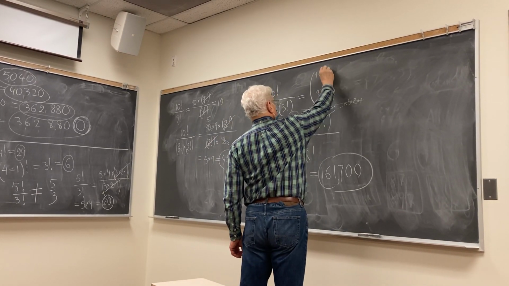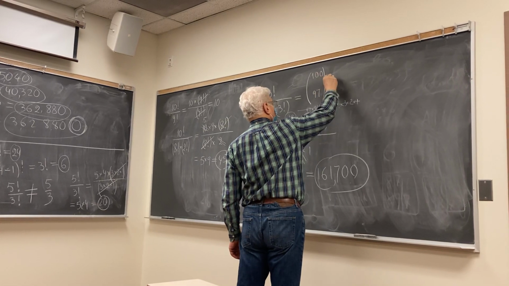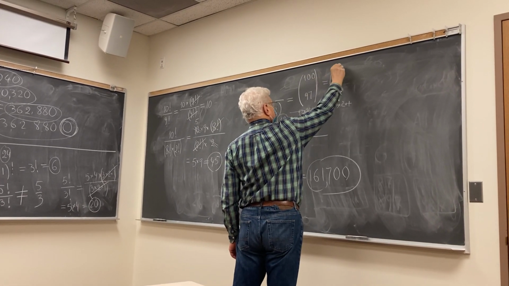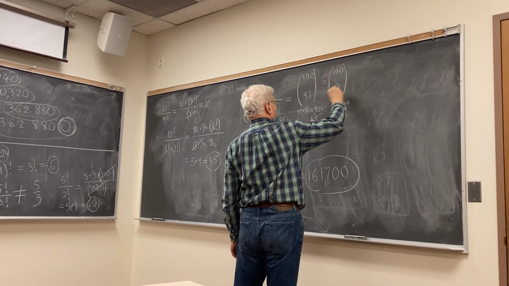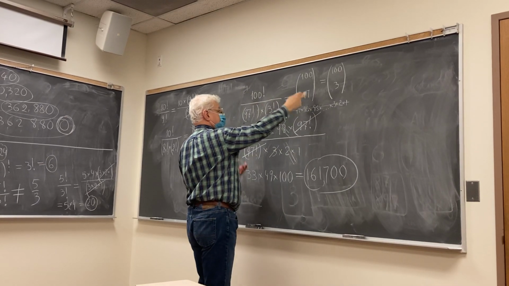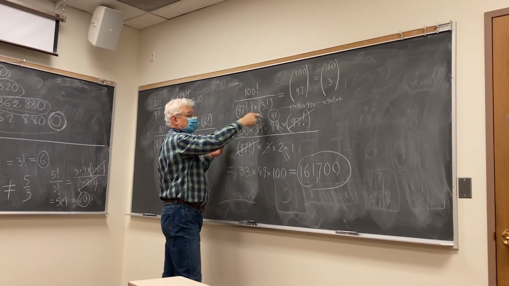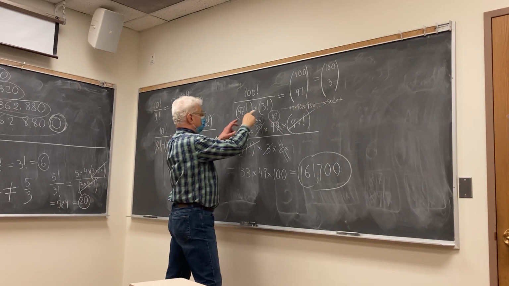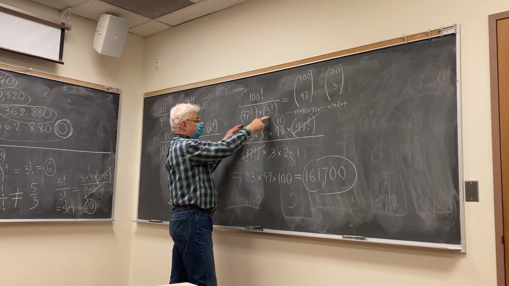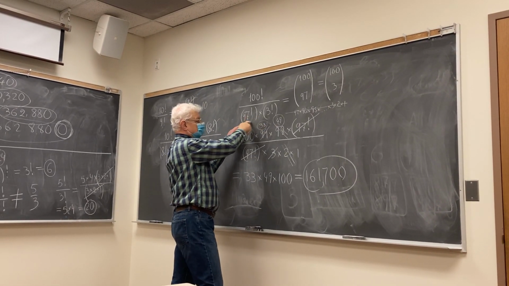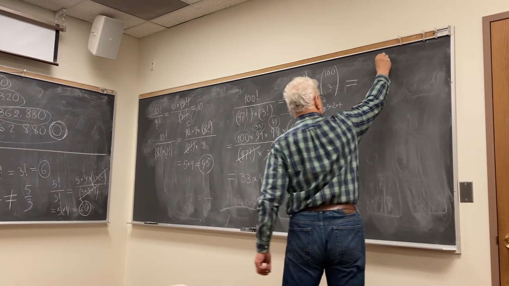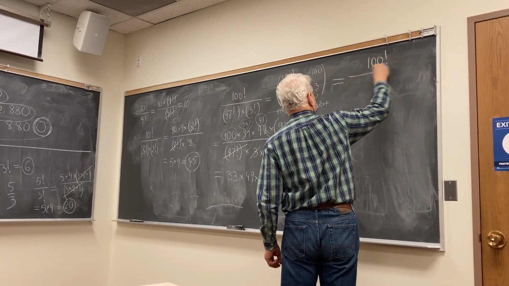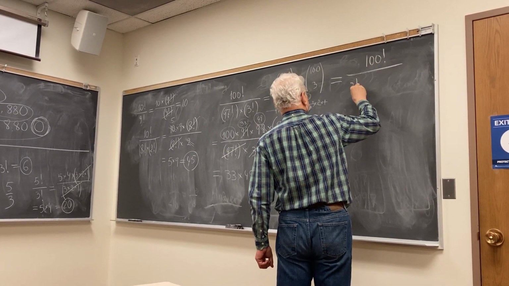Or you can write 100 and you write 3. If you know 97, then the other number will be 3 factorial. And if you have 3, then it will be 3 factorial, then 97.